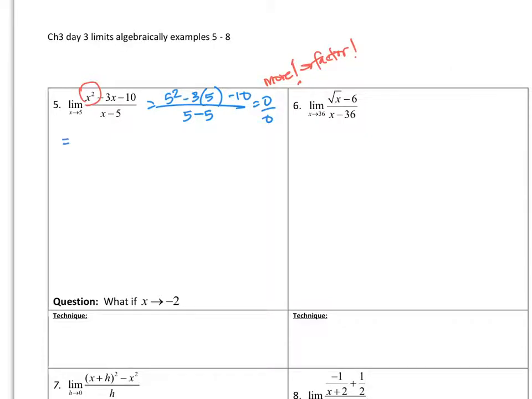So if we continue along here and do the factoring, we would end up with x minus 5, x plus 2, over that x minus 5. So if you notice, these can reduce. This goes to 1. And if you recall, I've talked about how that is not necessarily the word cancel.